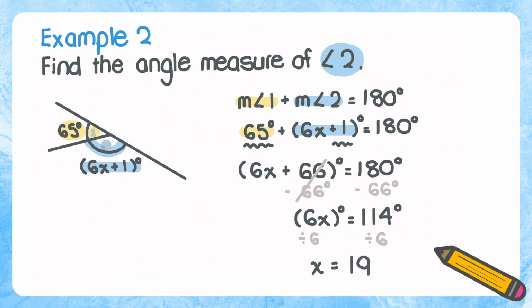But right here, you might be tempted to stop, but let's read over the example again. The problem asks us to find the angle measure of angle 2. So although we've solved for x, that's not enough for this problem. Some examples will just ask you to solve for x, but in this case, we have to use the fact that we found x in order to find the angle measure of angle 2.